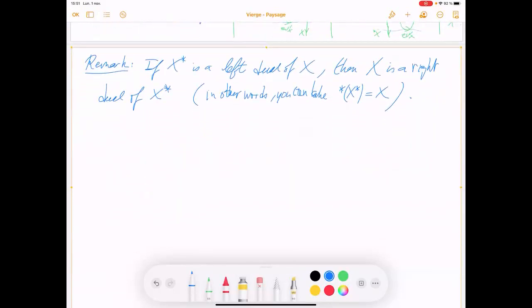So proof. The proof is immediate. So take, as I said, star of X star to be X. So you assume you want this to be the right dual of X star.